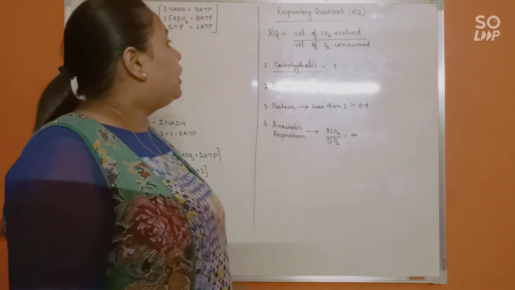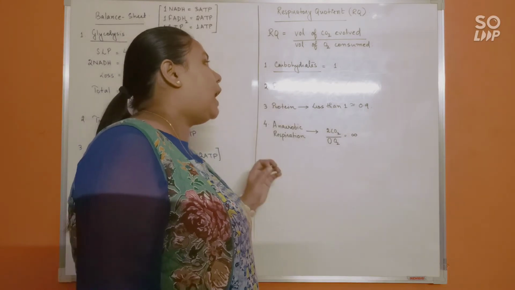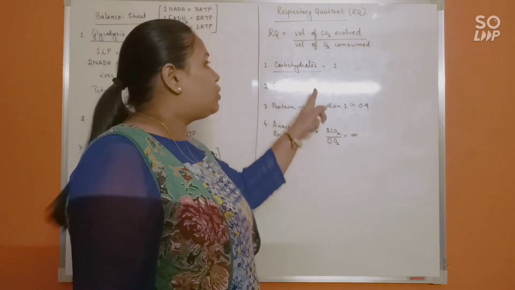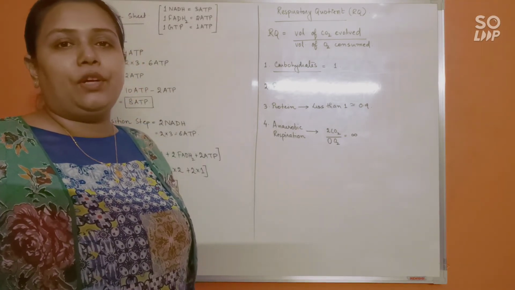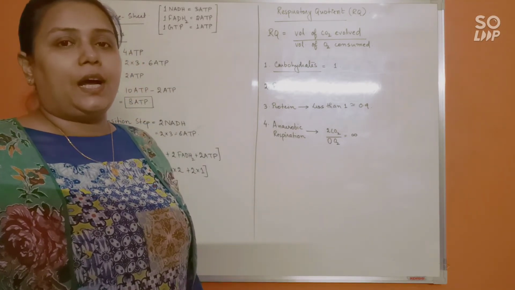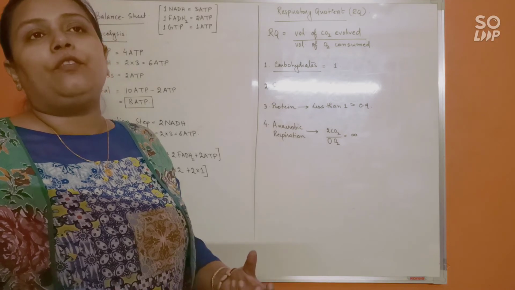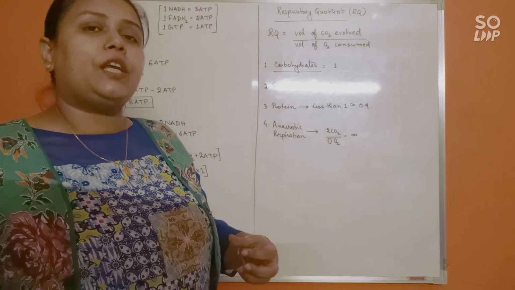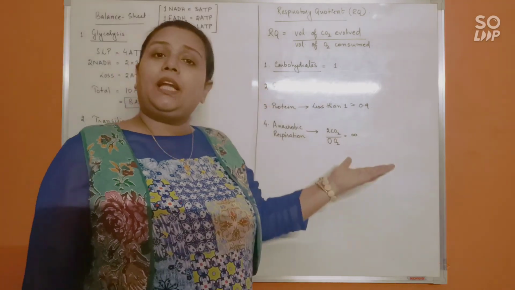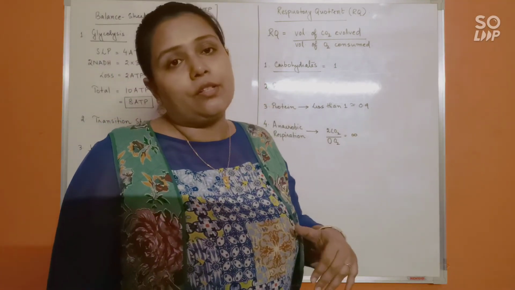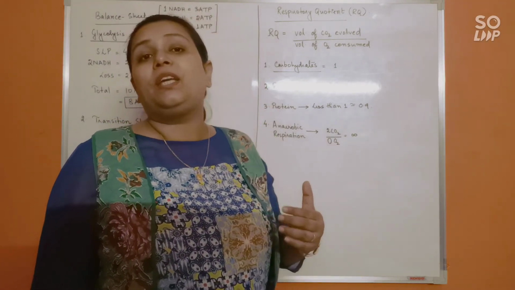Now, respiratory quotient for carbohydrate always remains 1. Why? Because during any kind of carbohydrate being oxidized inside your cells, the number of carbon dioxide molecules released is always equal to the number of oxygen molecules used. So suppose 6 carbon dioxide are released and 6 oxygen molecules are being used.